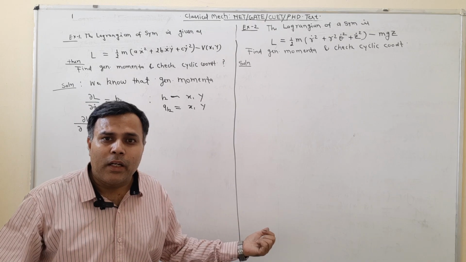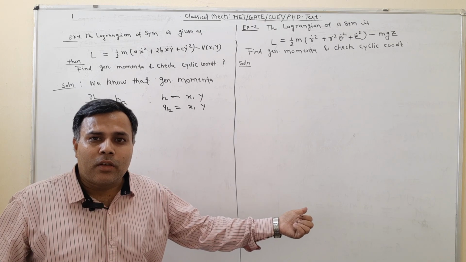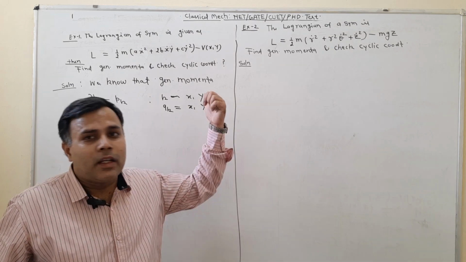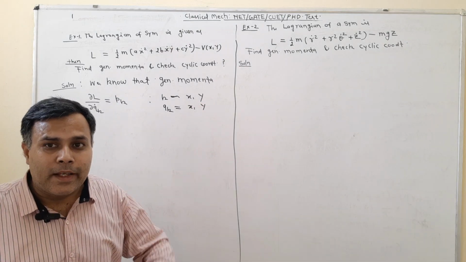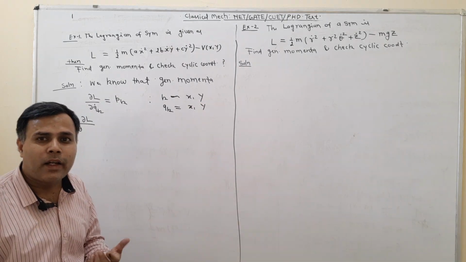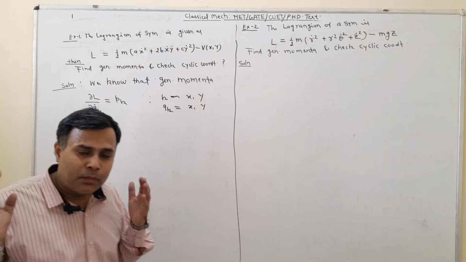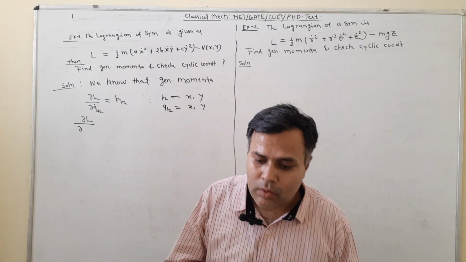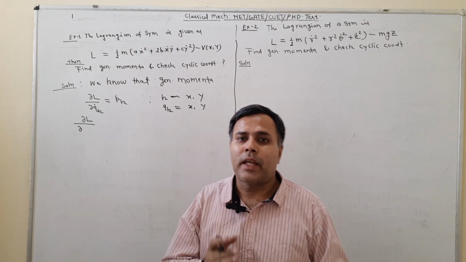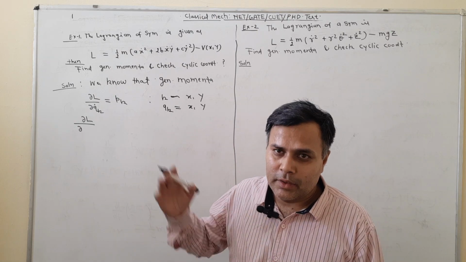I have already derived that p_k is constant from the Lagrange equation of motion. We will learn how to obtain the expression of generalized momenta. The purpose of this example is to understand the concept of generalized momenta and cyclic coordinate via an example.